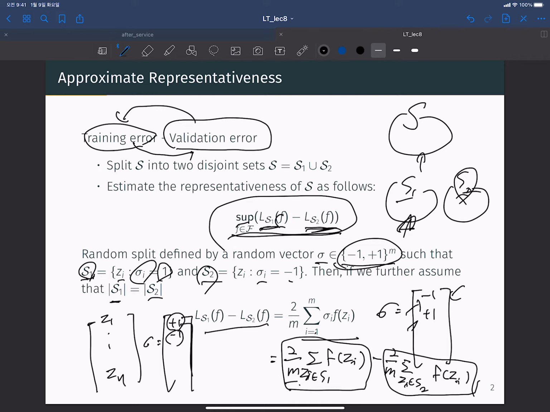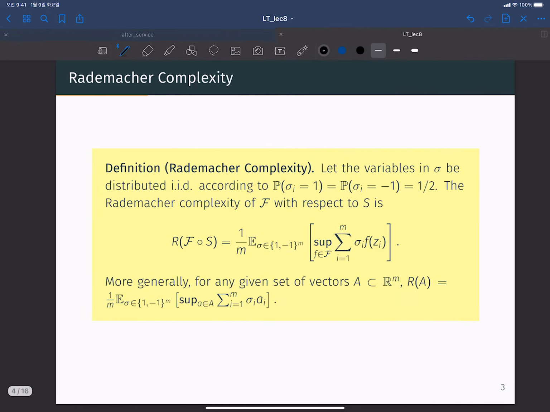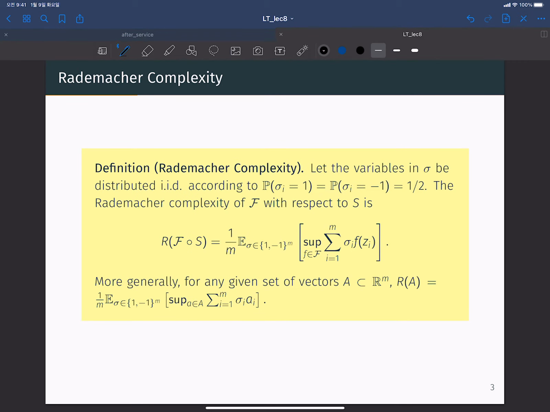Okay, so using this sigma vector, the -1 and +1 vector, we can express the approximate representativeness from the original training set S. So extending this, we more generally define the approximate representativeness, that is, the Rademacher complexity. Let the variables in sigma be distributed IID according to the uniform distribution.